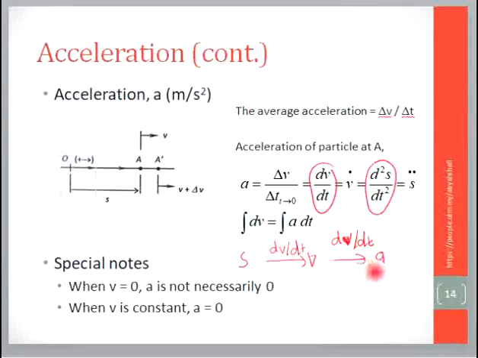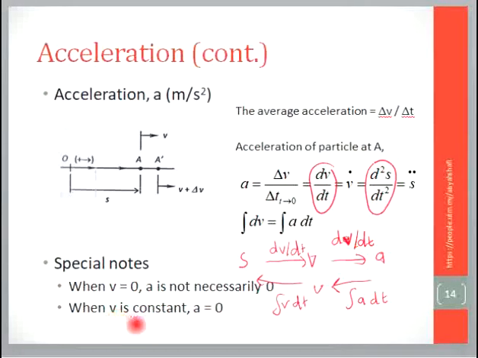and from a to get the v is integration of a dt, and to get s from v is integration of v dt. Okay, and special note, when v equal to 0, the a is not necessarily 0, because a is the changing of the velocity, but when v is 0 but it's not changing the velocity, so the a is not 0.